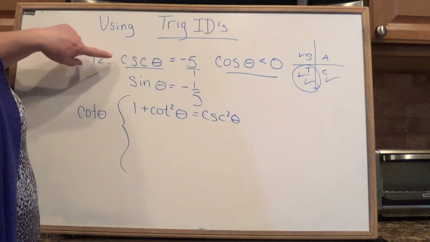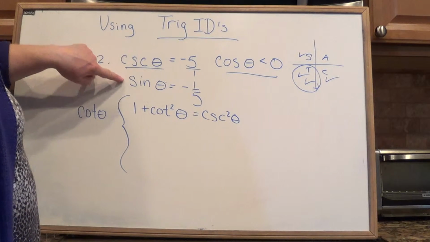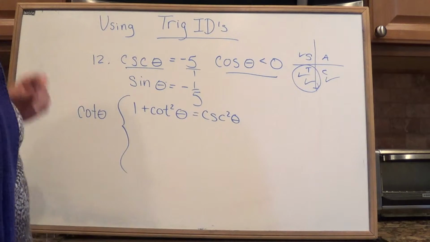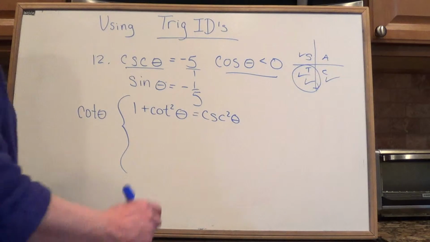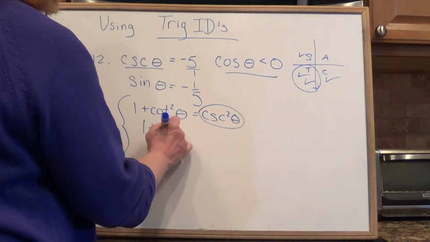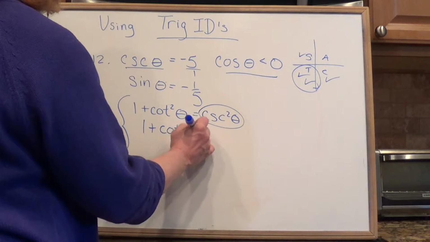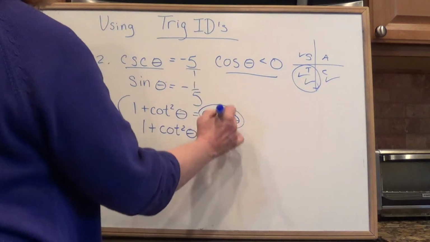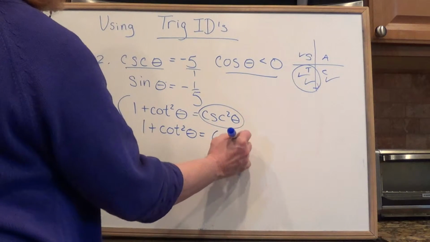So since the only thing I know really is cosecant and sine, I've got to grab a trig ID that works with me. So I know this. So 1 plus cotangent squared theta equals negative 5 squared.